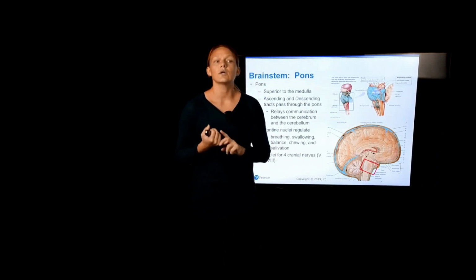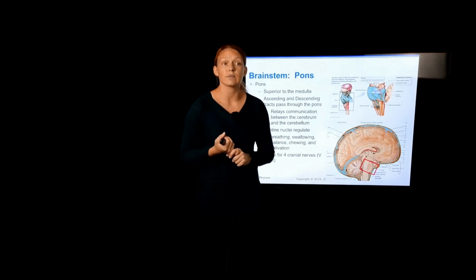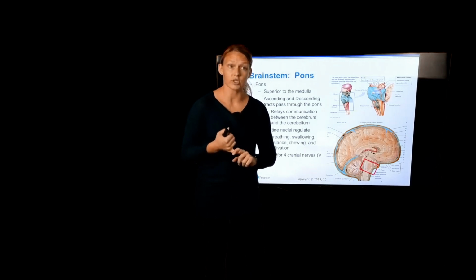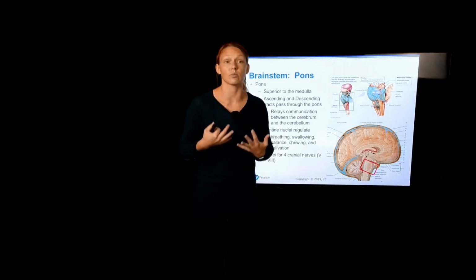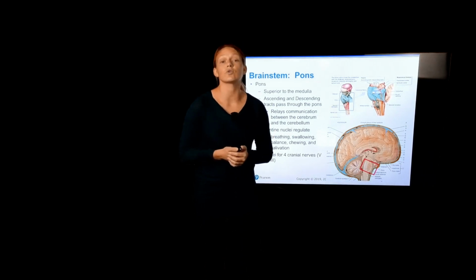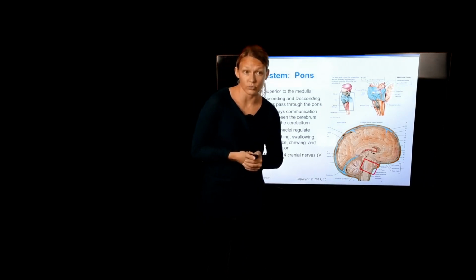It contains pneumotaxic as well as apneustic areas, which are going to help control respiration, so breathing, along with the respiratory center that we're going to see is actually in the medulla.